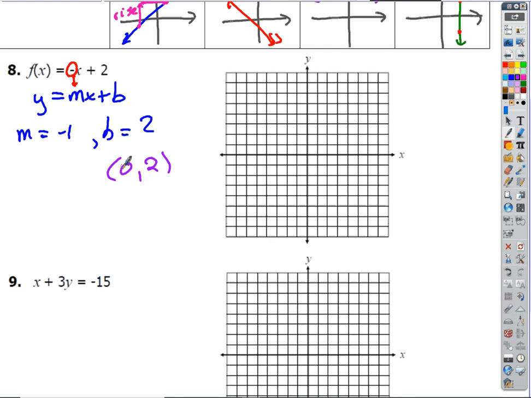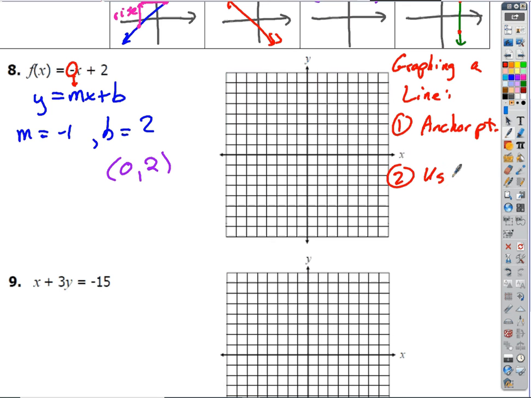Okay, so how do we do this? Every time we graph a line, there's really just 3 simple steps to follow, okay? Step 1 is anchor point. So you need a point to start with. We'll call it the anchor point. Step 2 is we're going to get a second point.